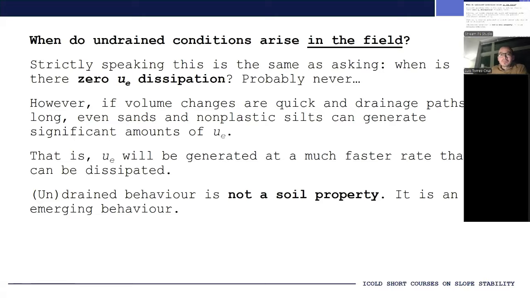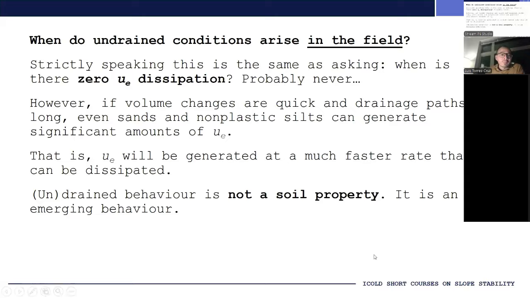And we refer to that condition as an undrained condition, even though it is not, strictly speaking, a perfectly undrained condition. So the key consideration here is that in the field, you can have circumstances when the excess pore water pressure will be generated at a much faster rate than it can be dissipated. And so that is what we refer to as an undrained condition.